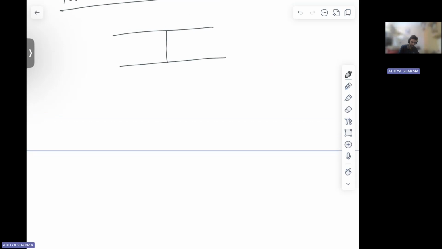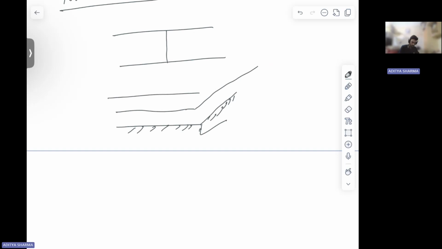So let's say we have this wall like this, okay, which has a diversion here. Now if your flow with supersonic speed moves, it will move like this. And the shock wave that will form, that will be like this.